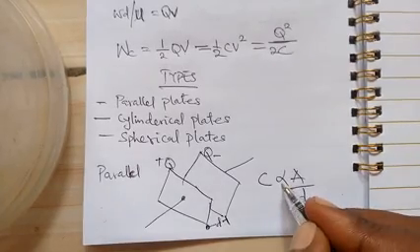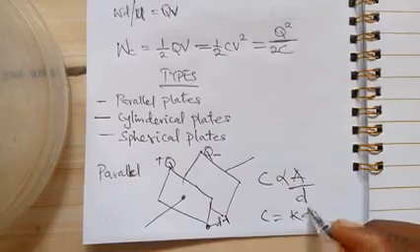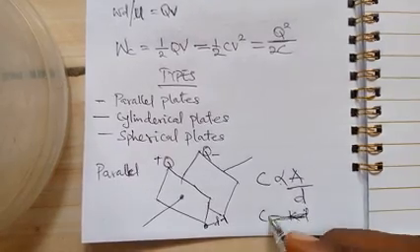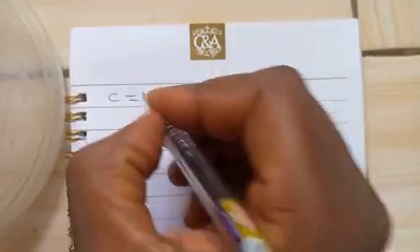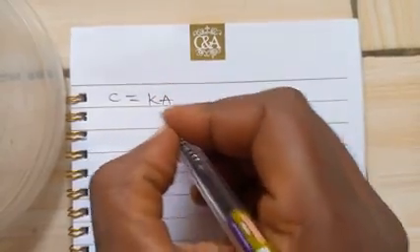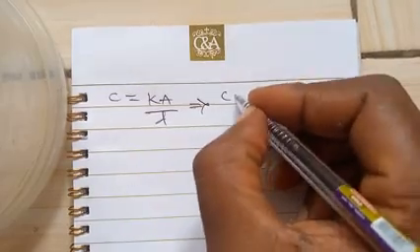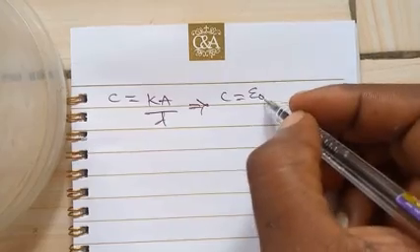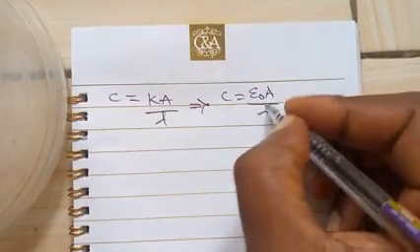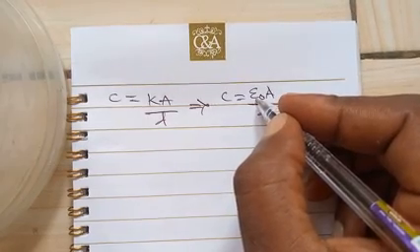So if we remove this, we can say that C is equal to K A over D, which means that C is equal to, instead of writing that K, we use the symbol epsilon naught A over D, permittivity of free space or permittivity of dielectric.